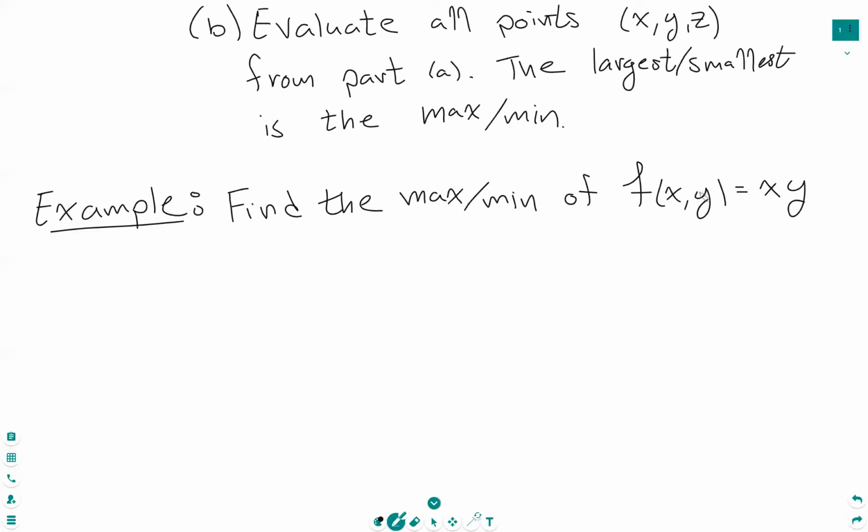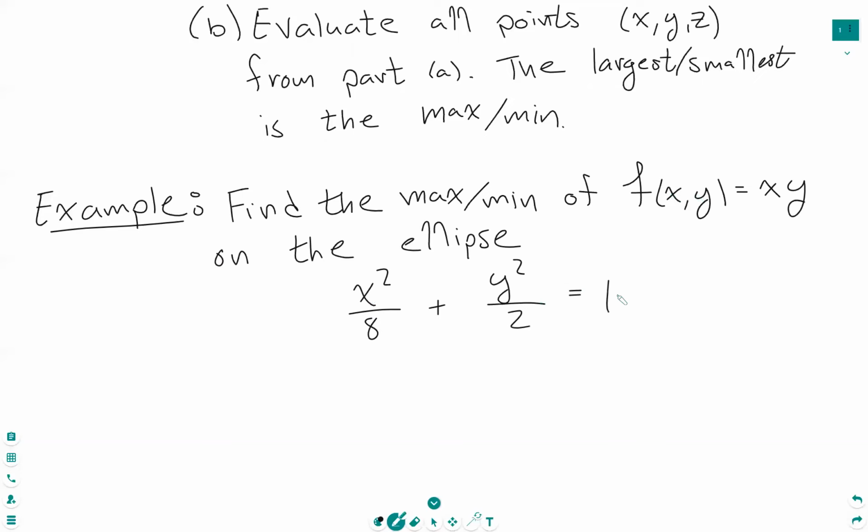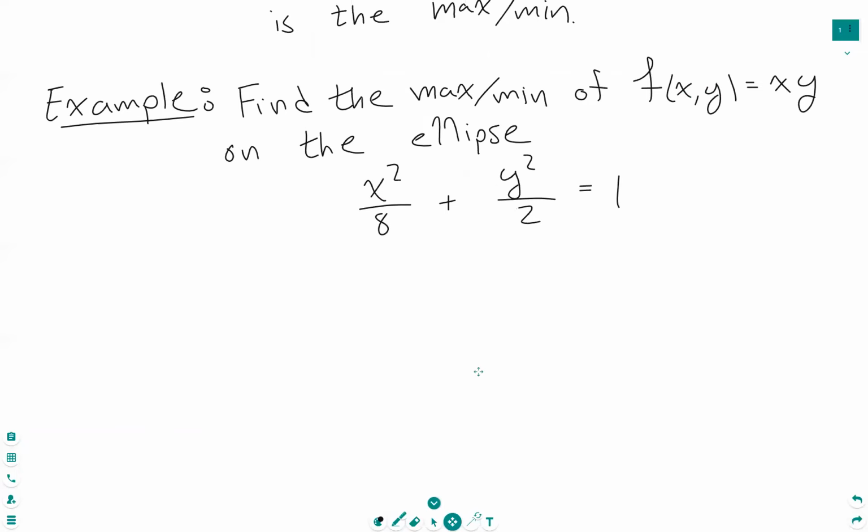Let's do just xy, but we're on the ellipse x squared over 8 plus y squared over 2 is equal to 1. Okay, so we're constrained to the ellipse, and we're trying to find the max and min of our function xy.